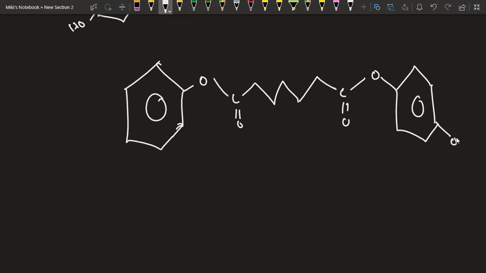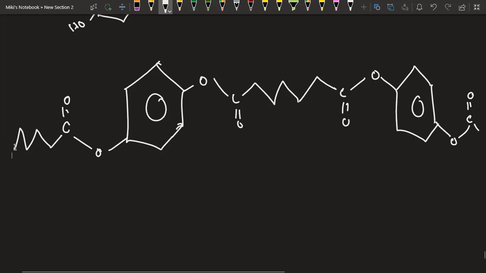Here there could be another oxygen, and again this can continue. And over here also, oxygen, carbon, and there we have the carbon part, and it continues. So this is such a molecule, I mean the product.